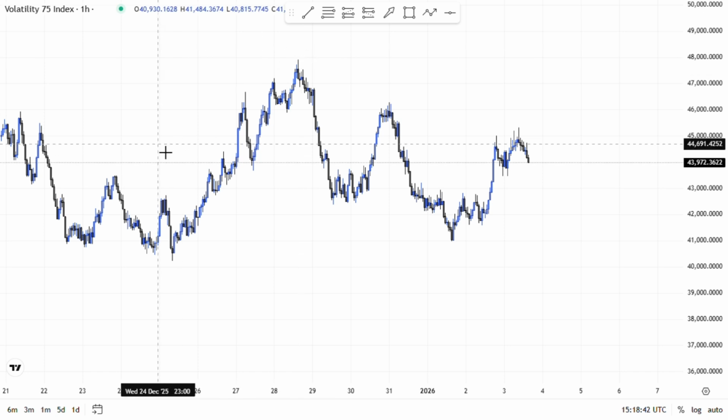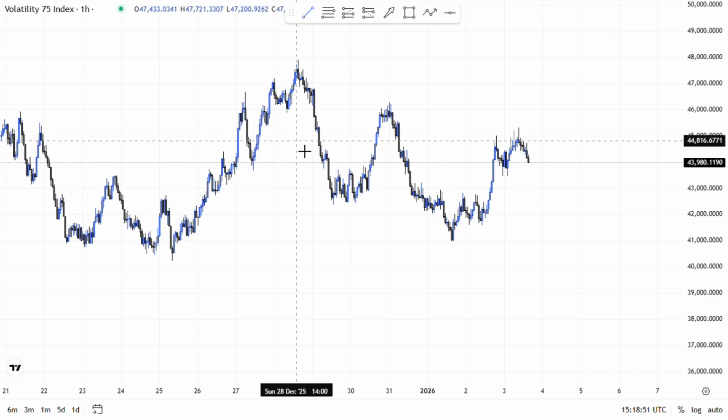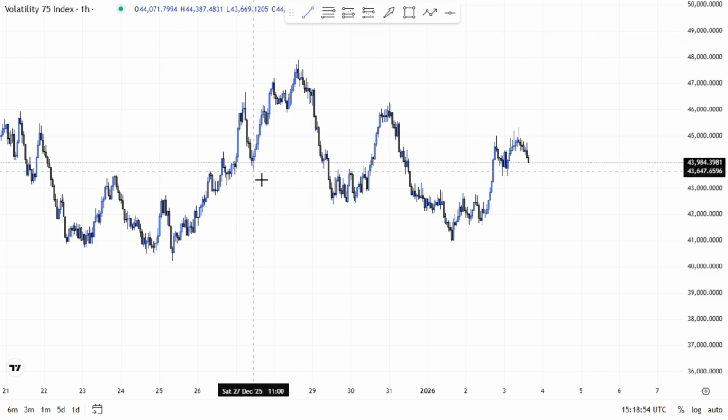Okay, let's take just 2 setups at this level. So the last low that was taken out was at this level here.